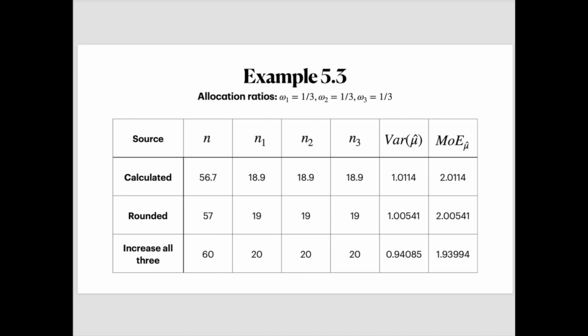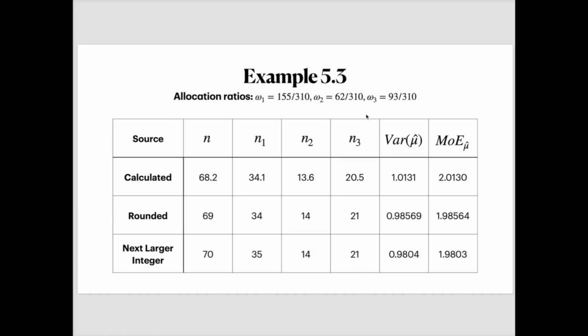On the other hand, notice that with the second set of allocation ratios, the required sample sizes are larger. 69 and 70 observations is what we came up with. And so what this shows us here is that the sample size required in order to have an estimator for the population mean with a margin of error of no more than a given value is very much going to depend on the allocation ratios that we're using.